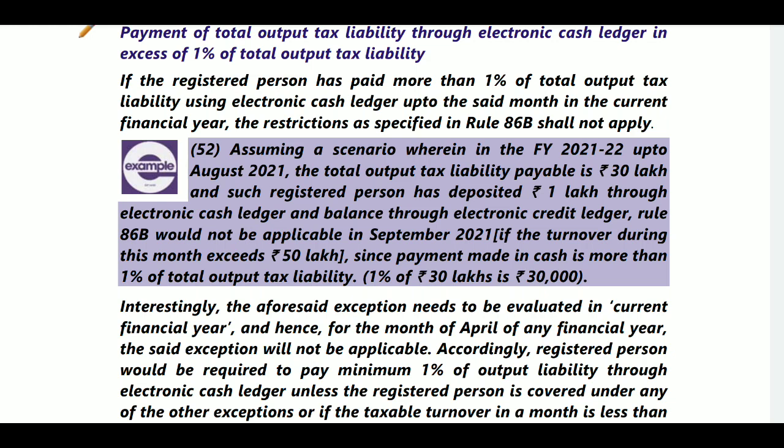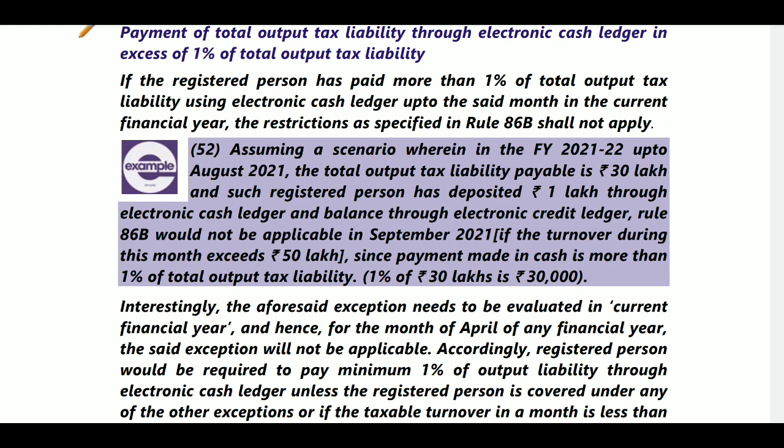Rule 86B shall not be applicable in September 21, if the turnover during this month exceeds 50 lakhs. The amount, if calculated as 30 lakhs into 1%, will become 30,000. If you are paying using cash of 1 lakh, then Rule 86B will not be applicable.